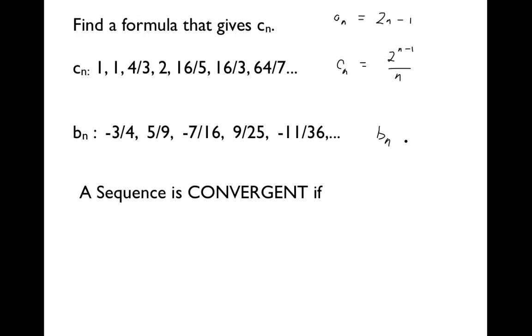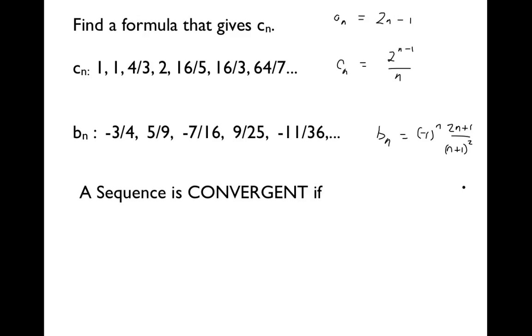So here are the three we've looked at so far: 2n plus 1 over. Did I get those right?